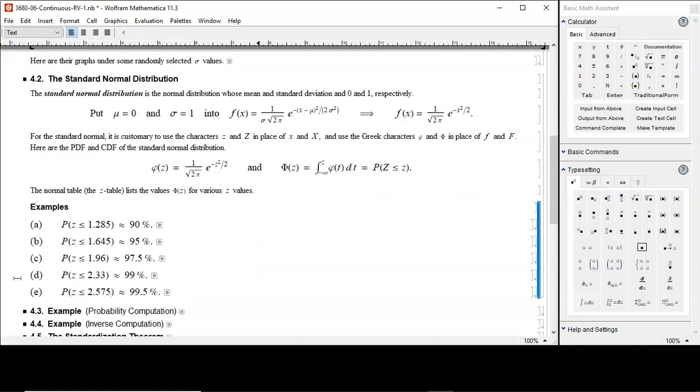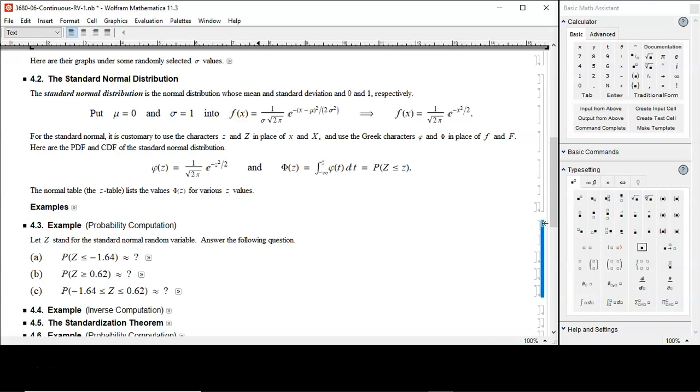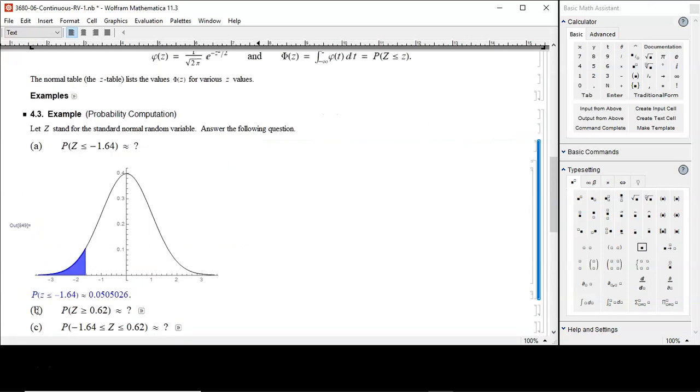And examples include some examples like these. Here are much better examples. You can draw the picture, and to the left, how do you find this one out? You can look up the table, and we discussed how to look up the table. The first decimal digit is the left-hand side column, and then the other columns are all about the second decimal digit.